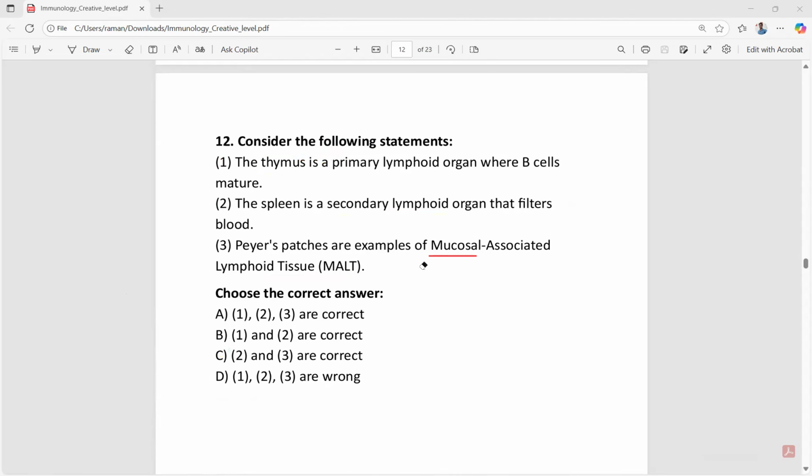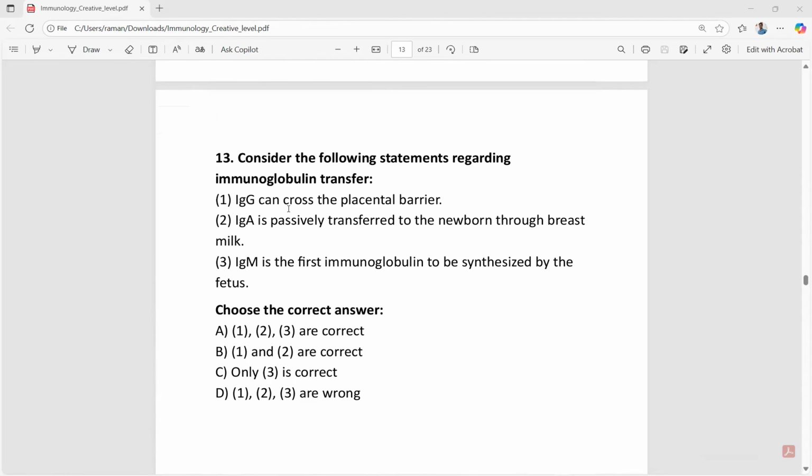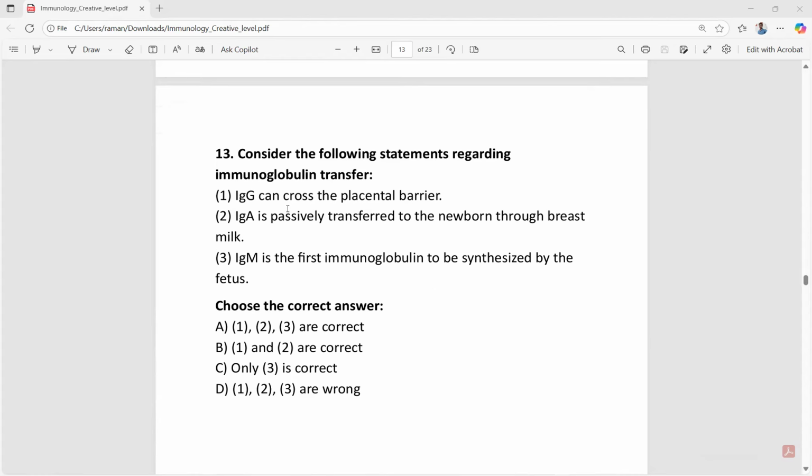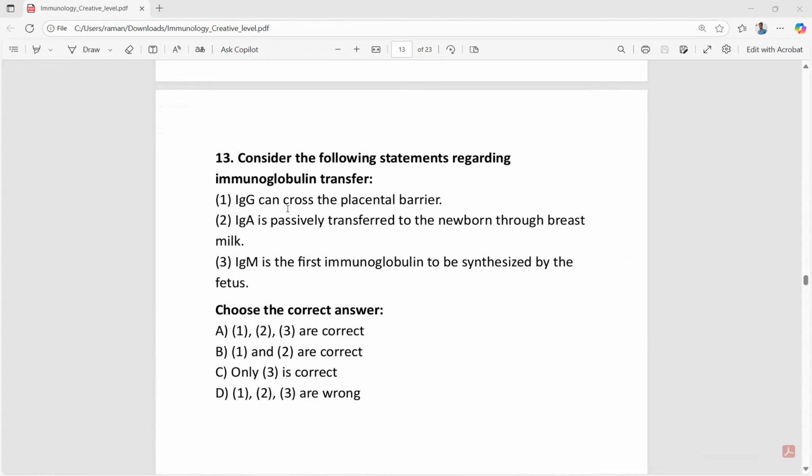So thymus maturation is always of T cells. Sorry. Okay. Consider the following statements regarding immunoglobulin transfer. IgG can cross the placental barrier. This is correct.